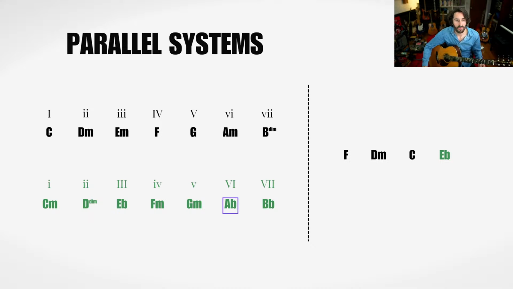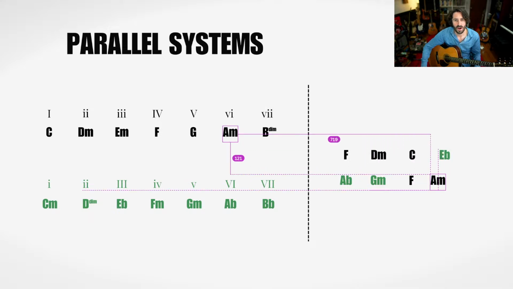And then if we roll this back round, I'm going to try something now. I'm going to roll the A flat round to the G minor. I'm going to keep it falling to an F major and hold that and maybe go to an A minor.